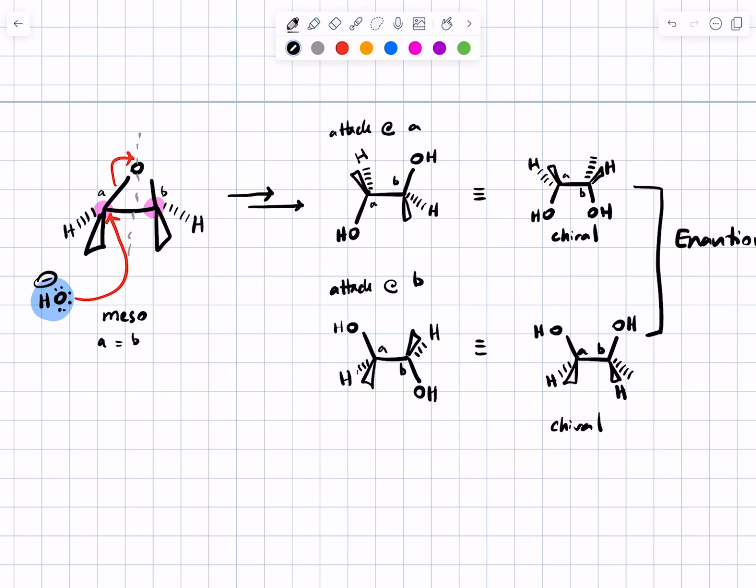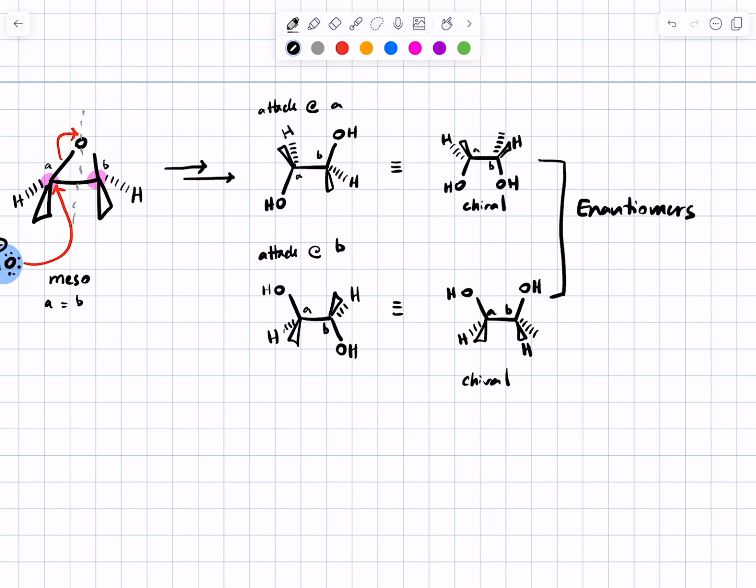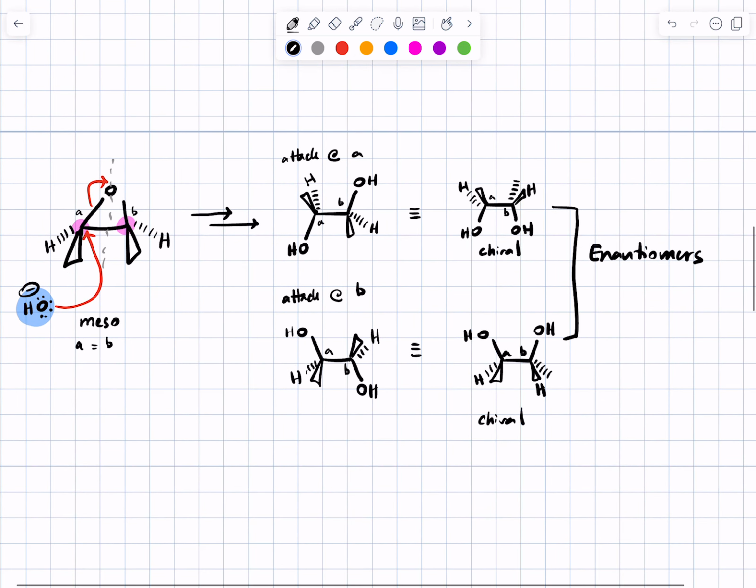So when you open up an epoxide with OH minus, your product is a 1,2 diol, alcohols on carbons 1 and 2. So in a synthesis problem, if you see a 1,2 diol, you need to be thinking, okay, I could have made that by opening up an epoxide with OH minus.